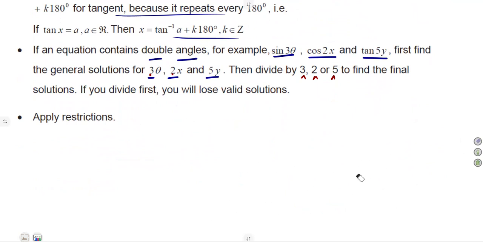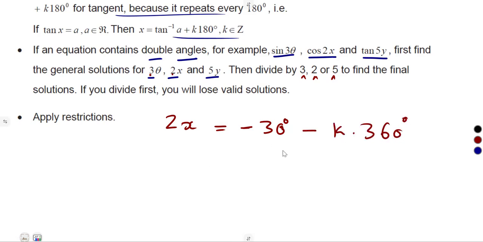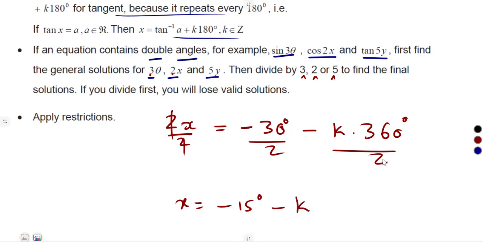We are given a general solution, whatever you are given, it is 2x, which is equal to, maybe the angle there is a negative, minus 30 degrees minus k times 360 degrees. It's a negative. You have got something like that. Divide by that 2 throughout so that you can have your x as negative 15 minus k times 180 degrees.